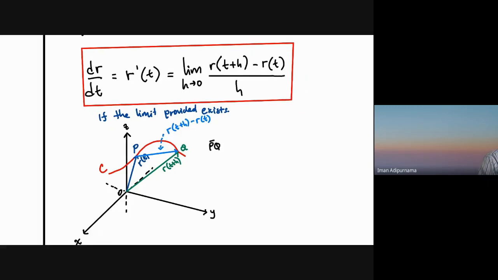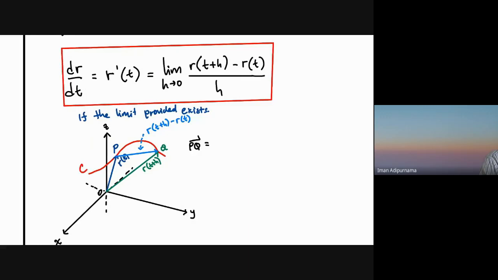So we have the vector PQ. This we call the secant vector, which is r(t+h) minus r(t).